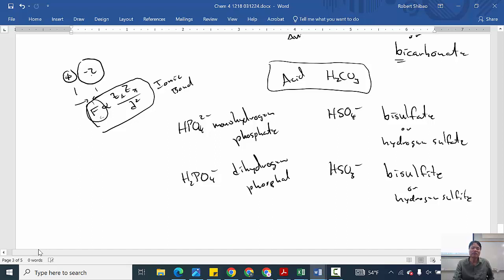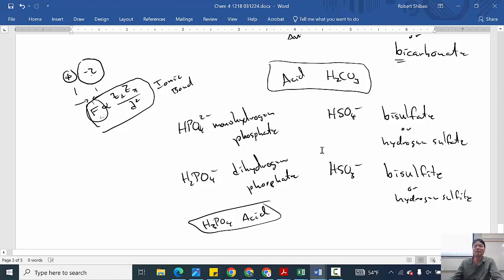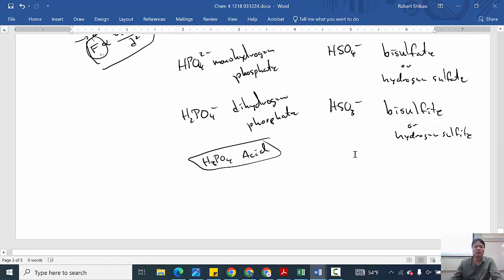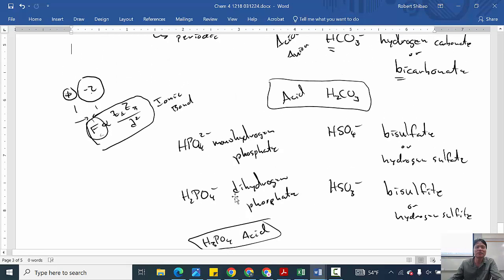How about trihydrogen phosphate? Well, trihydrogen phosphate is an acid, and we have a different set of rules for acids. And so we have these ions too. We'll take a look at some examples of naming. Actually, let's take a look at the rules for naming acids next.